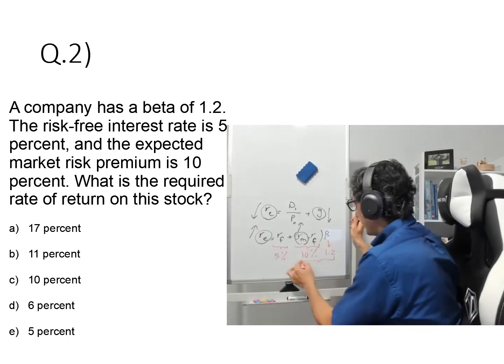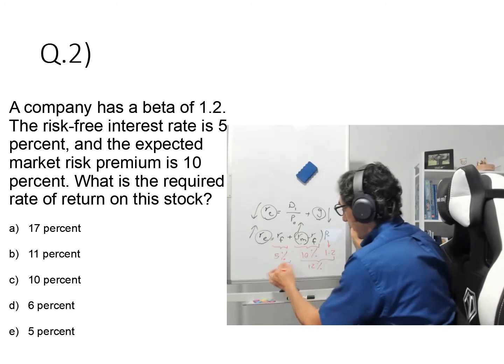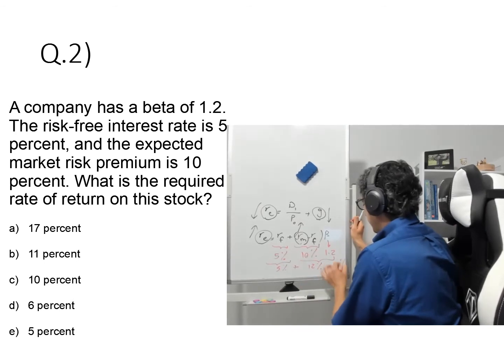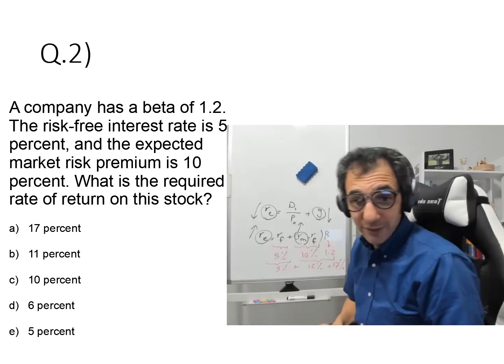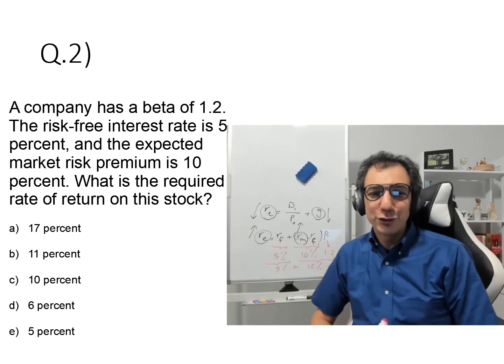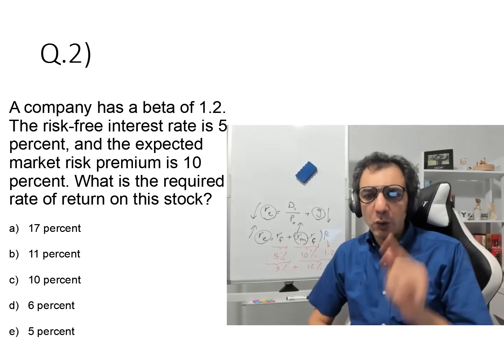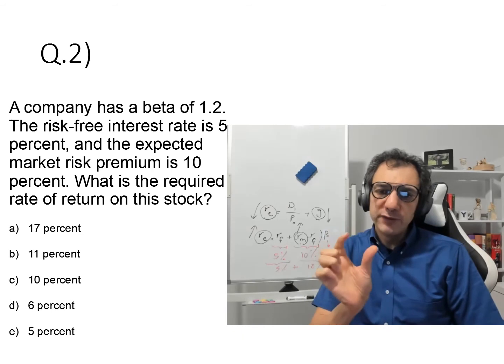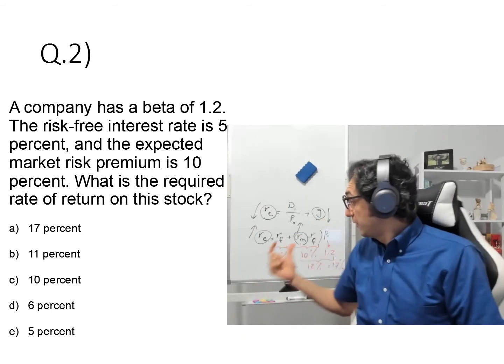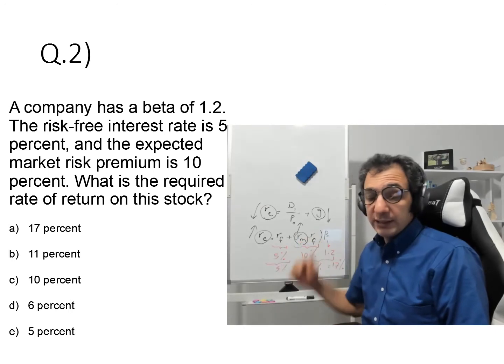So the whole thing here is 12%. And the risk-free rate is 5%. So 5% plus 12%, it should be 17%. So the cost of equity in this case should be 17%. So the answer should be A. Again, the only tricky point here is to distinguish between the market return and the market risk premium, which is the difference between the market return and the risk-free rate.